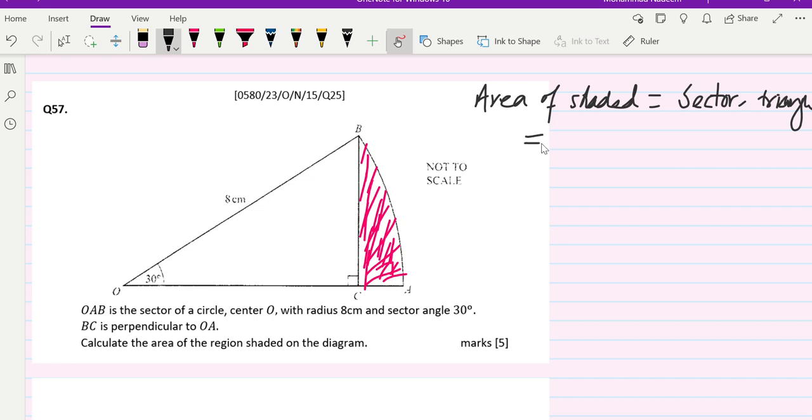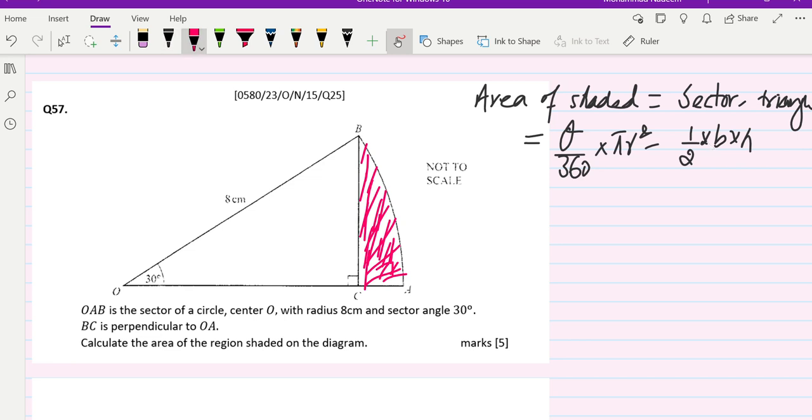We know the formula for area of sector, that is theta over 360 into pi r square minus formula for area of triangle is 1 over 2 base times height, or you may also use 1 over 2 AB sine C, that is for any type of triangle. This is the right angle triangle, so the mid angle is 90 degree, that is always sine 90 is 1.